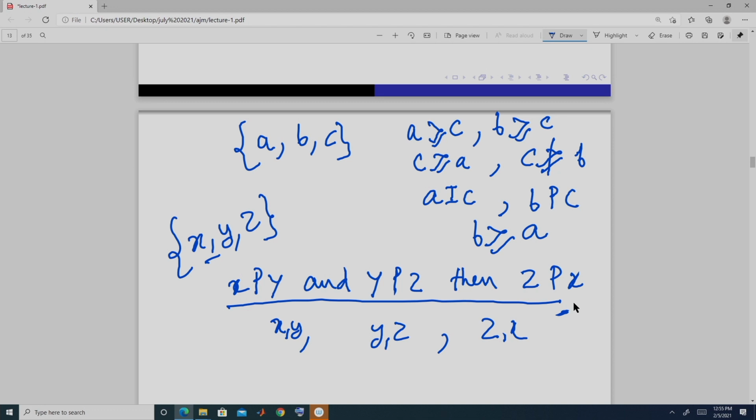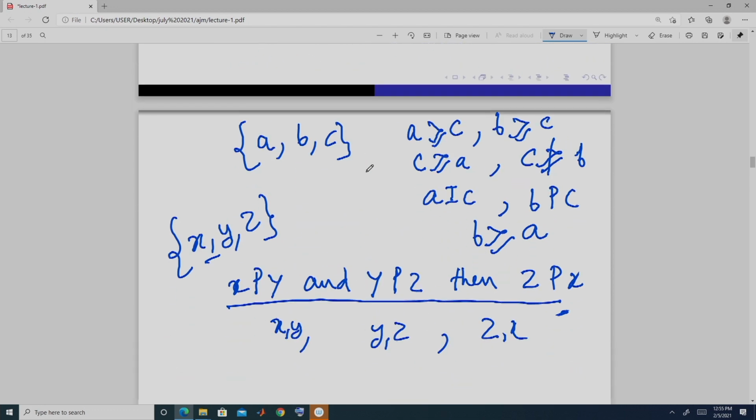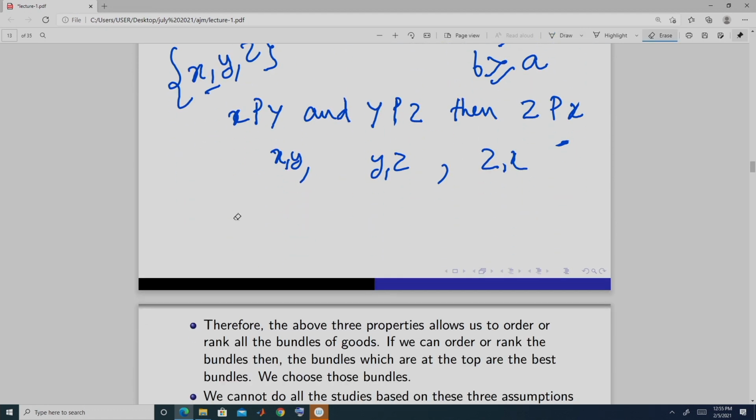Now if these three assumptions are given, then we can always choose the best element. If transitivity is satisfied, we will have a situation like this: x is preferred to y and y is preferred to z, then x is preferred over z. So from here we can choose x, right.